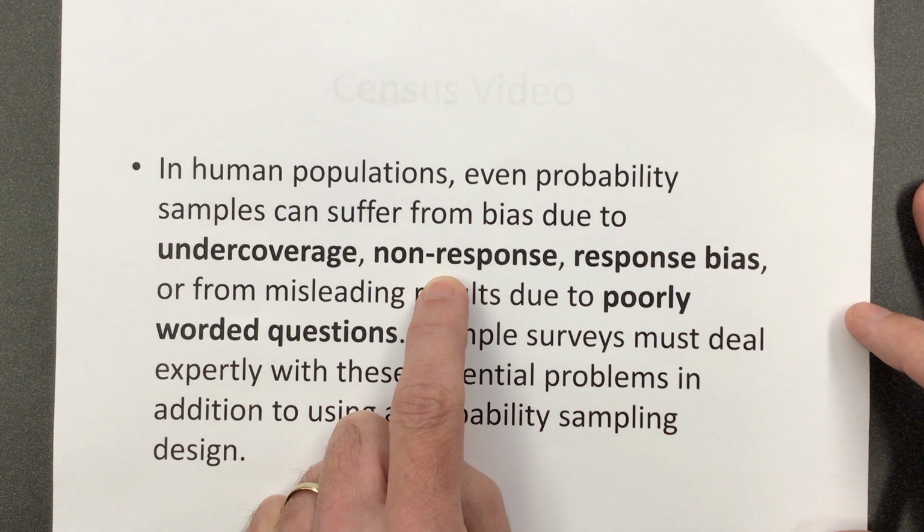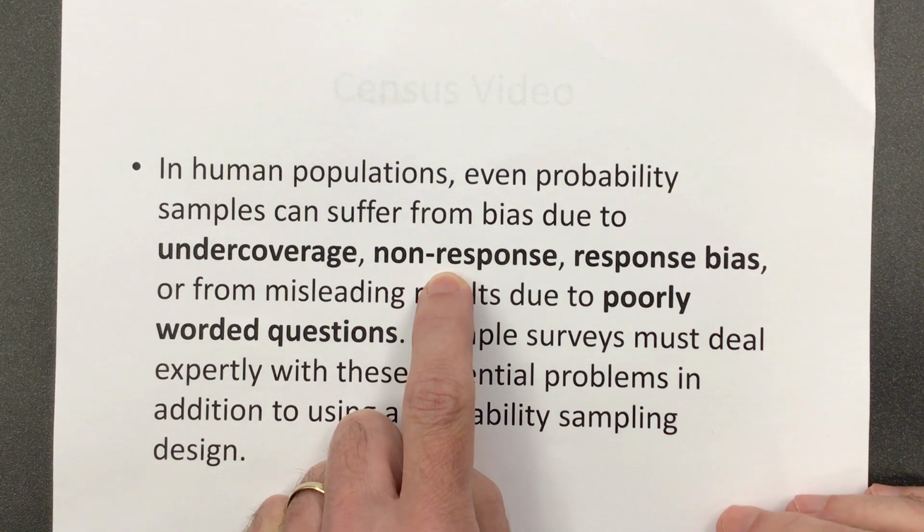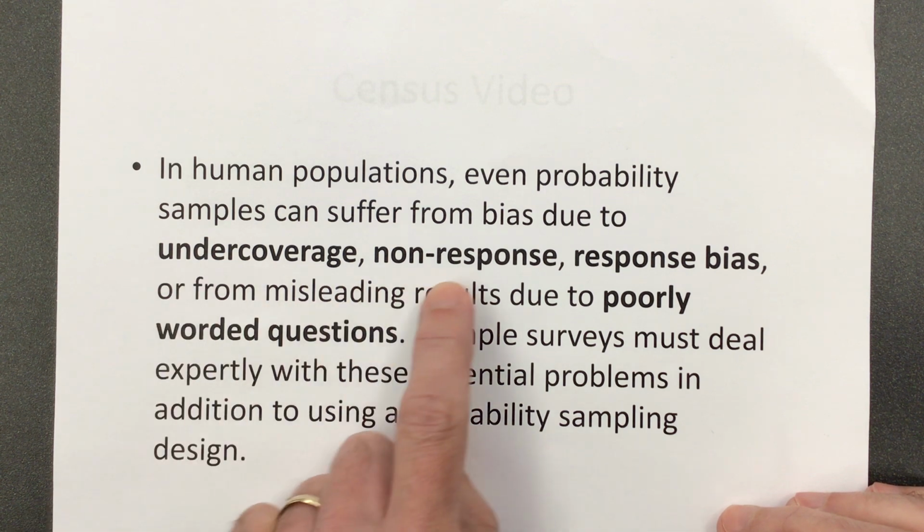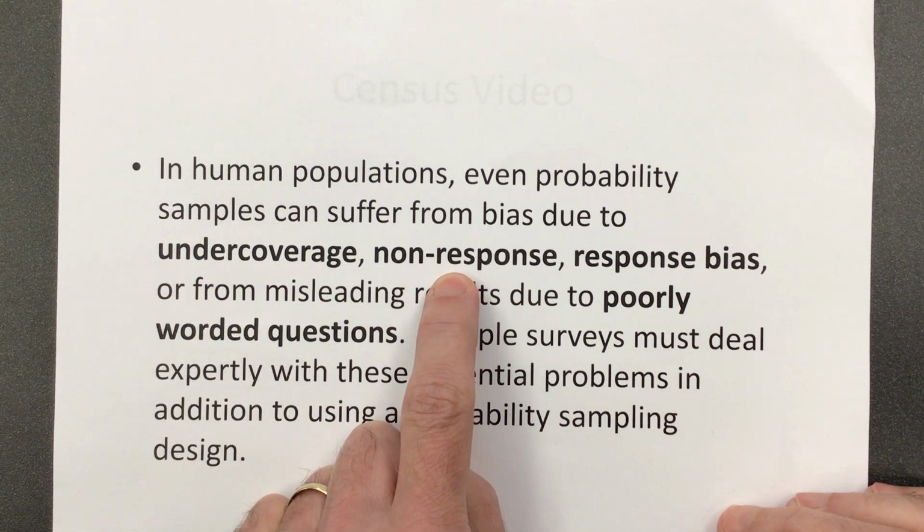They're not responding. Notice not responding is different than not being given the opportunity to respond, right? In under coverage, there's no opportunity to respond. In non-response, people are being contacted and they're choosing freely to not respond.